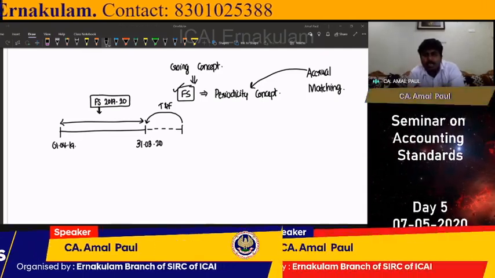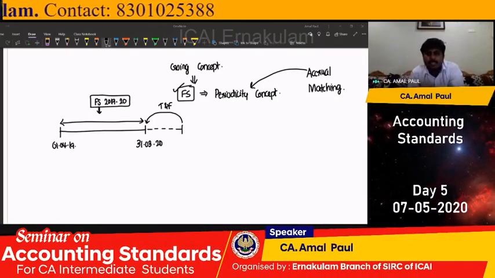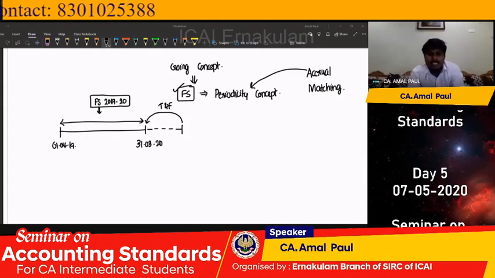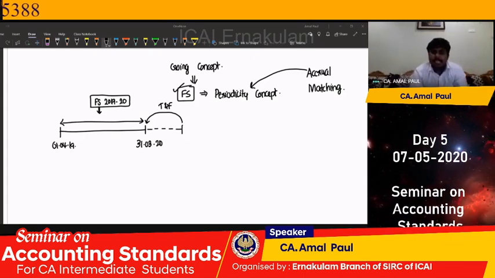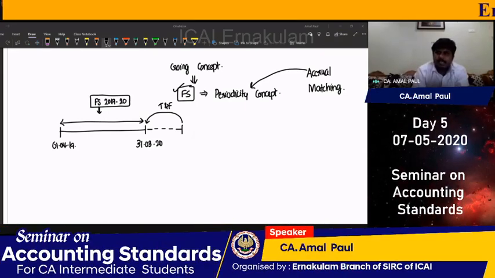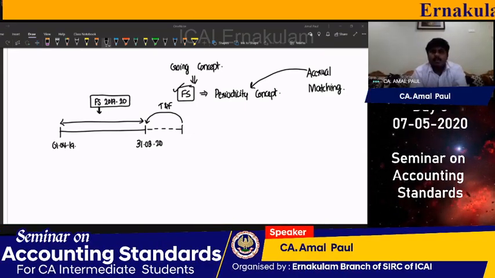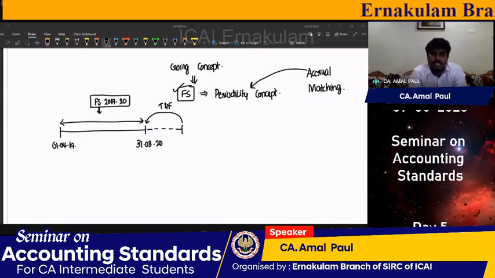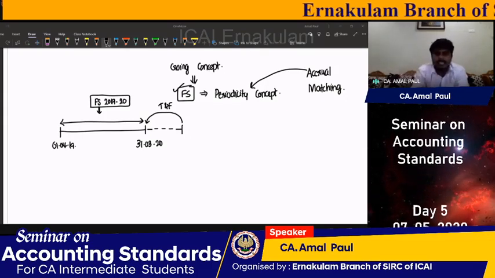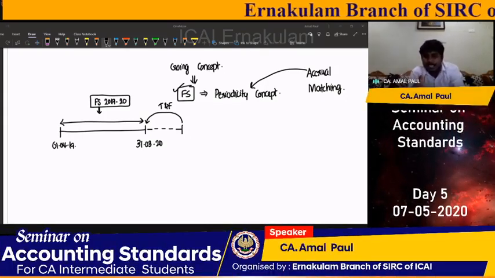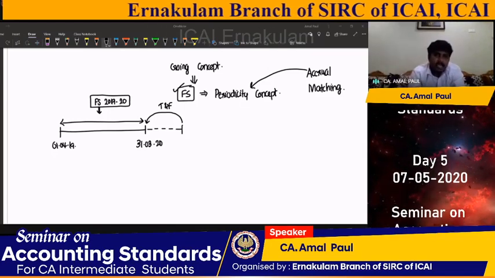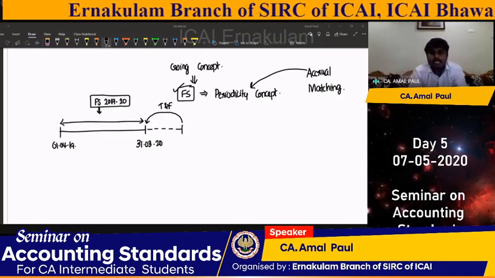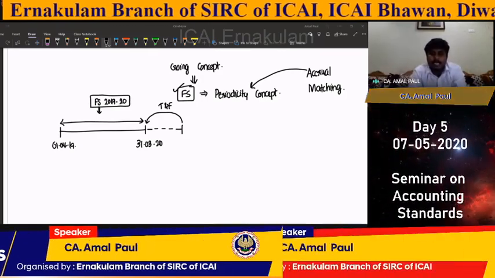Are you clear with the background in which this standard is issued? There will be certain events after the balance sheet date which will provide further evidence of a condition that existed at the balance sheet date.